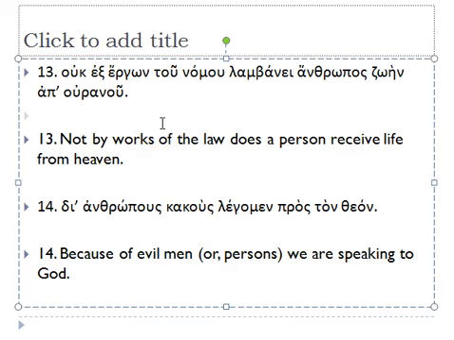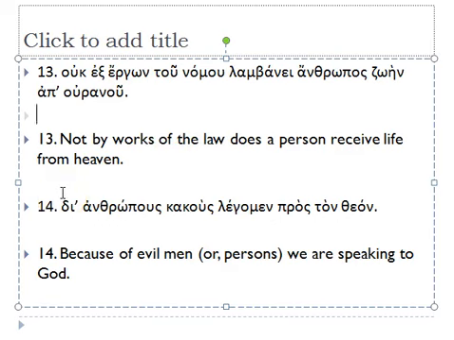Not from works of the law. Lambanei anthropos. Does a person receive, anthropos, nominative subject of lambanei, zoen, accusative, direct object of lambanei, life, ap ouranou, simple prepositional phrase, from heaven. We might translate this more typically in English, a person receives life from heaven, not from works of the law, not on the basis of works of the law.